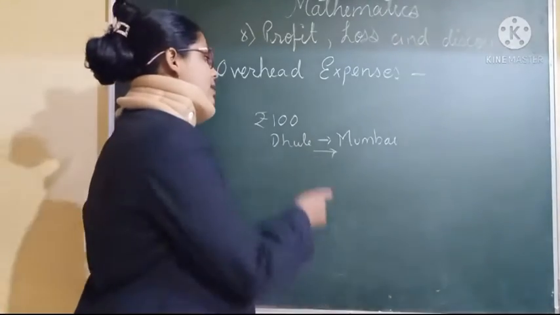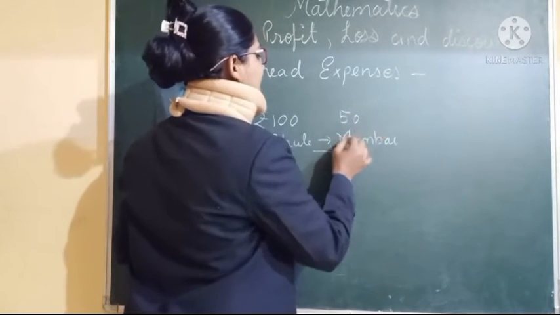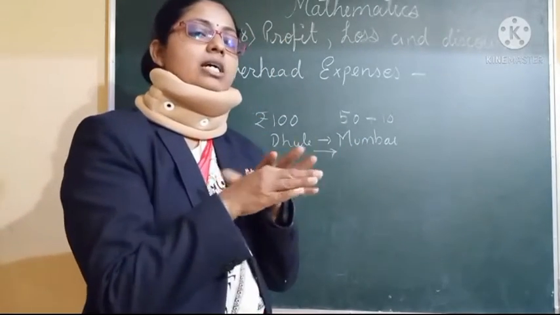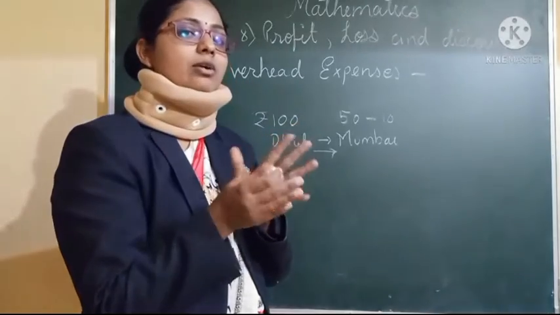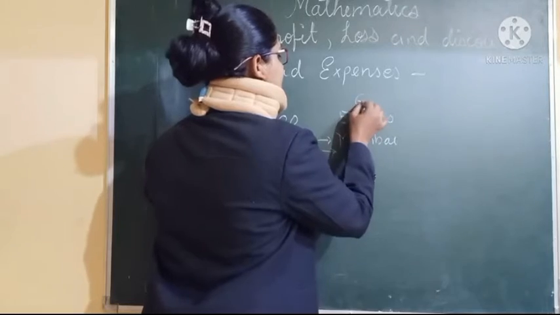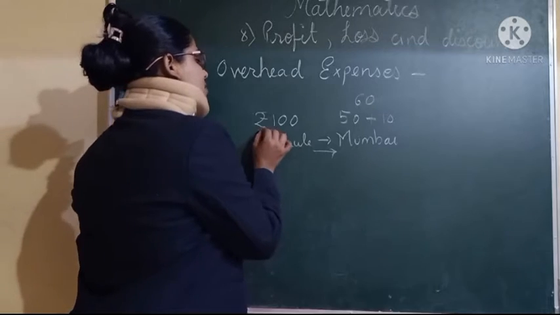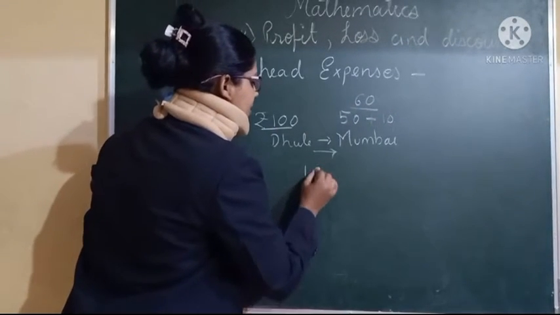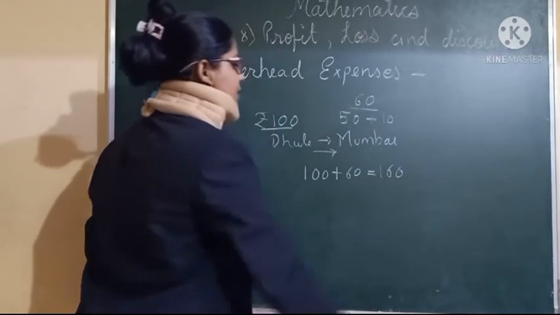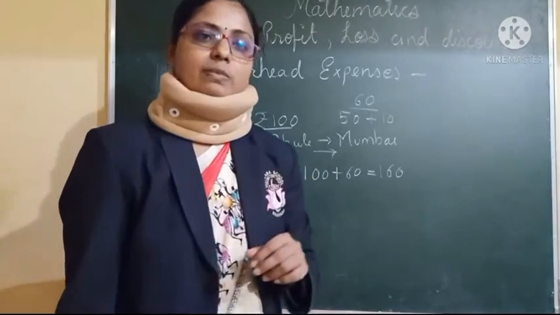For example, the additional expense is 50 rupees and the labor cost is 10 rupees for packing that object. So the overhead expenses will be 60 rupees. So my cost price will be 100 plus 60, that is 160 rupees.